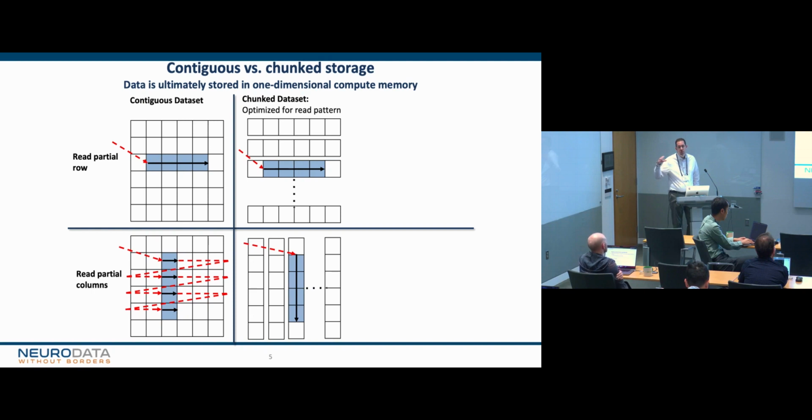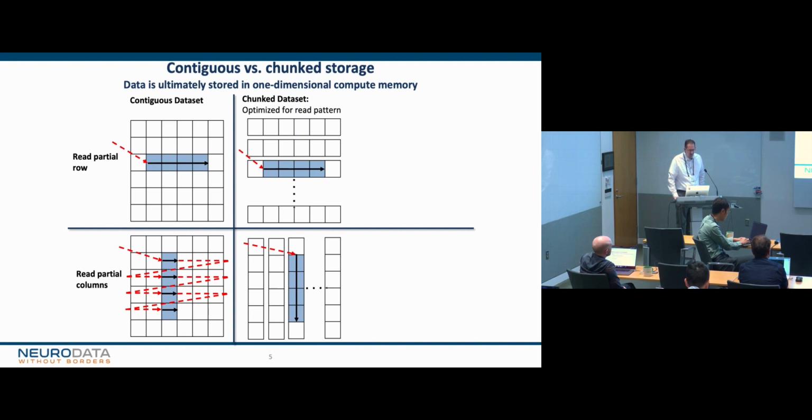It's just under the hood the data is going to be broken up. And so with that, you can now say, hey, I want chunks that are aligned with my time axis, or I want chunks that are aligned with my electrode axis. And then you can optimize the read pattern for what your primary type of data access is.